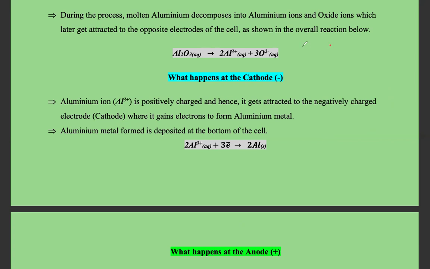Look here. And aluminium is positively charged. So which one do you think would be attracted to the one which is negatively charged? The aluminium, which is positively charged. So this point says aluminium is positively charged, and hence it gets attracted to the negative electrode, which is the cathode.